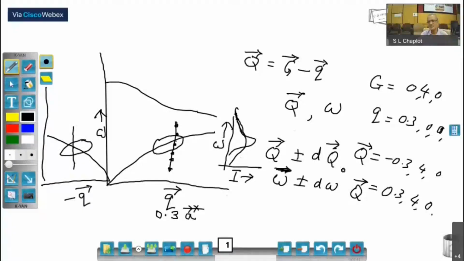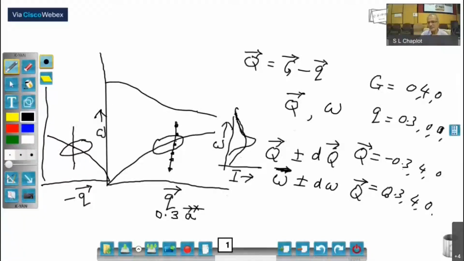In an actual experiment, we normally have some calculation or some standards of what kind of Q values you should take, for example, minus 0.3 4 0 or plus 0.3 4 0. One of these is favorable from the resolution point of view, and the other one is not.